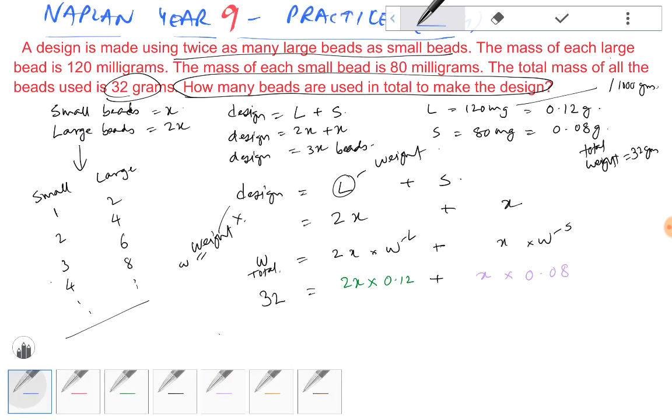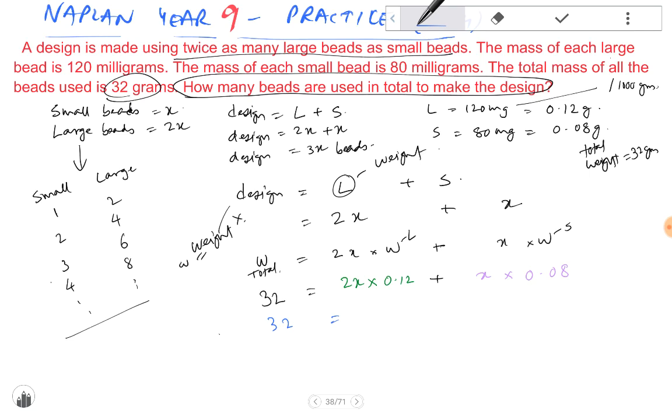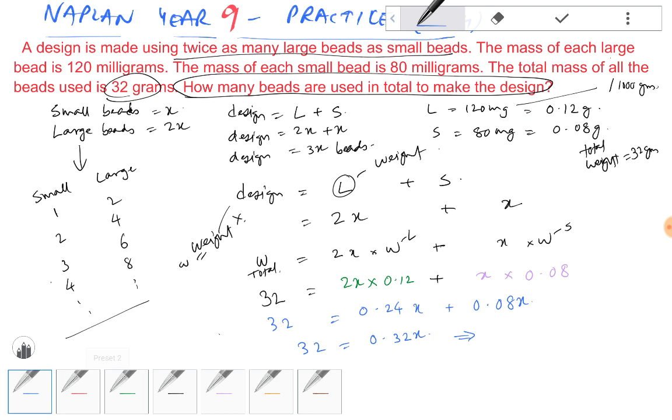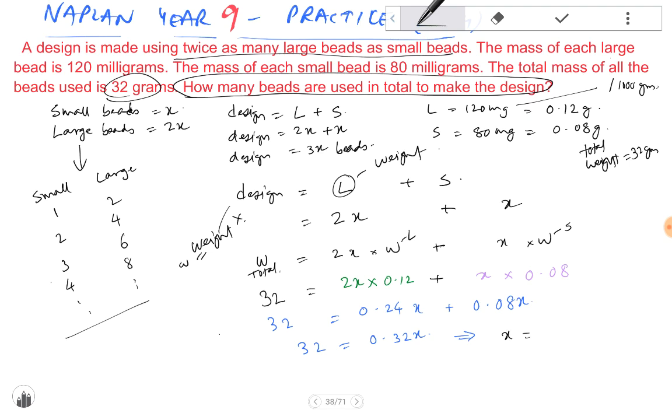Now if we were to solve this equation, we would finally get 32 is equal to 0.24x plus 0.08x, or 32 would be equal to 0.32x, and this would then become x equal to, because we need to push the multiplication down there and it becomes division, 32 divided by 0.32.